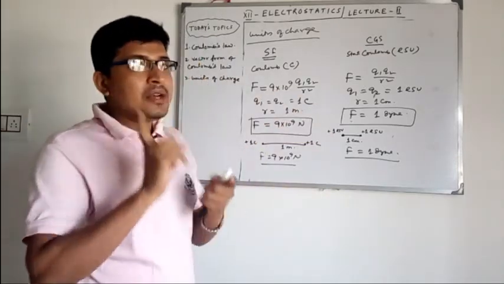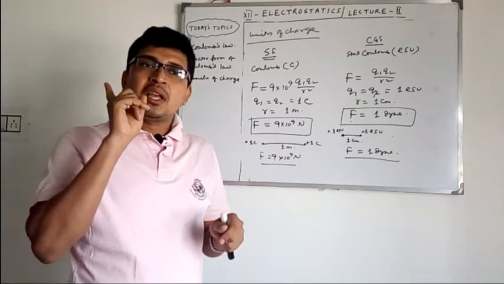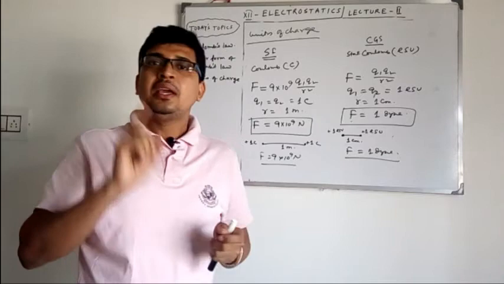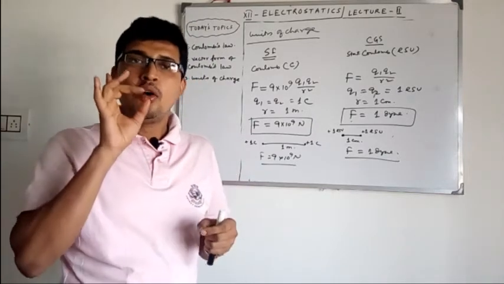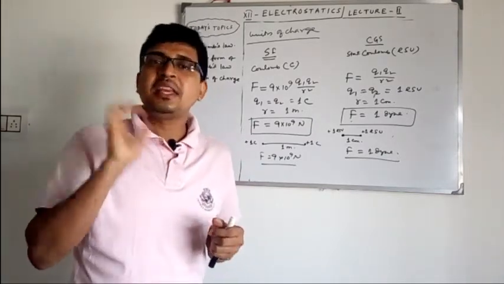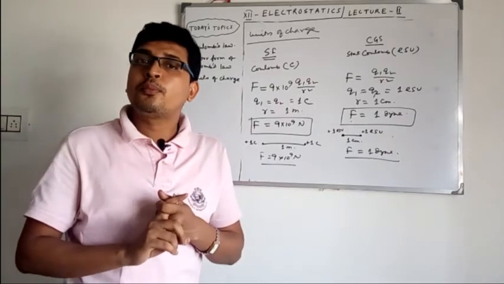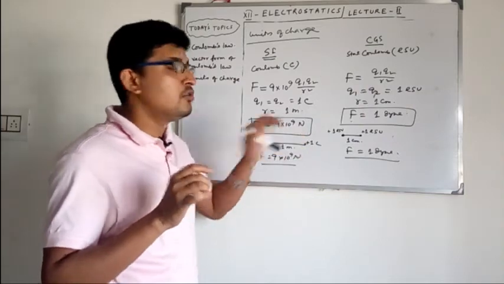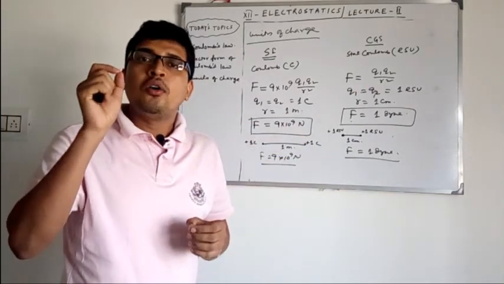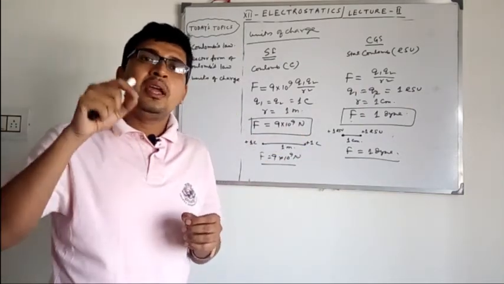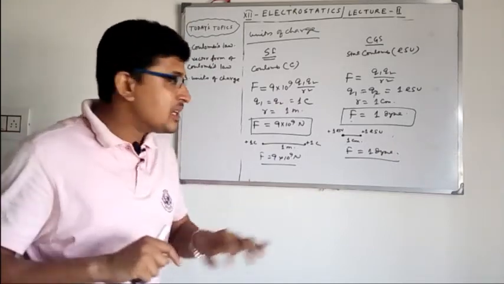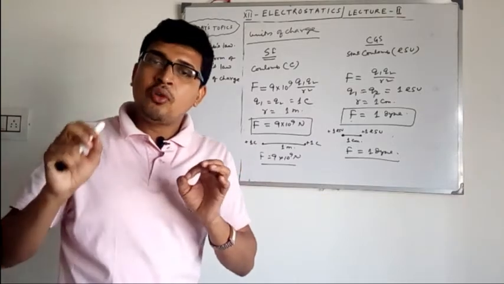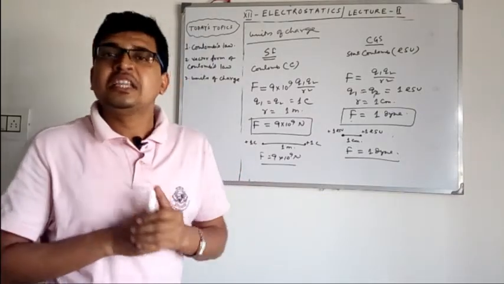So 1 coulomb charge is that amount of charge, or 1 coulomb charge is said to be that amount of charge which experiences a force of repulsion of magnitude 9 × 10^9 Newton when placed in vacuum at a distance of 1 meter from an equal and similar charge.